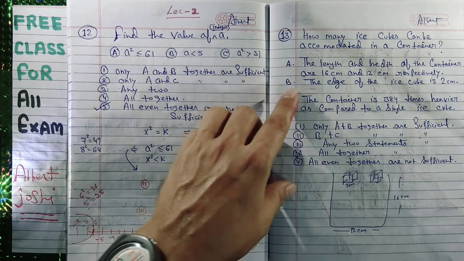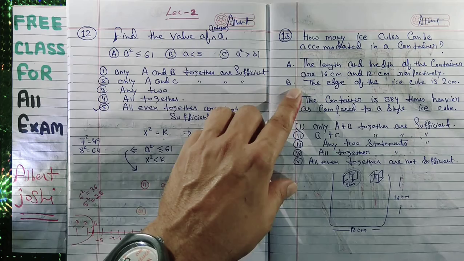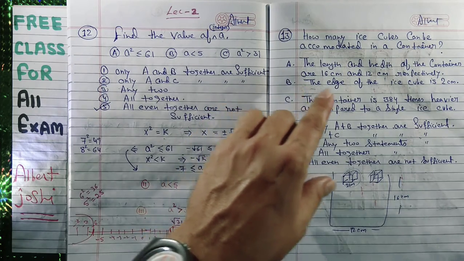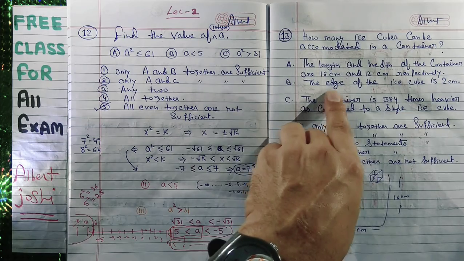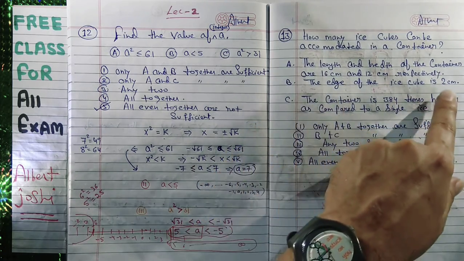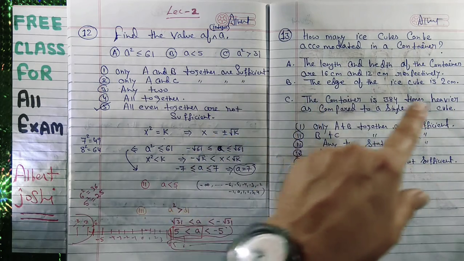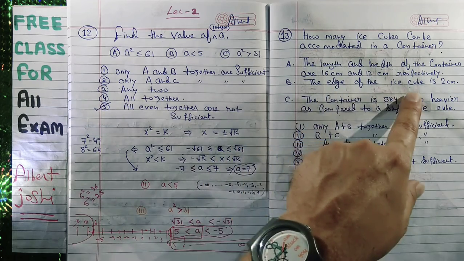From b we have the volume of the ice cube, because he has given us the edge. So you can find 2 cubed is equal to 8 centimeter cubed, that is the volume of this small cube.